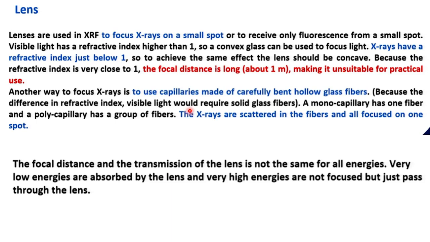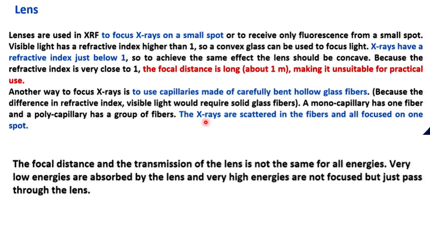But you cannot do that just by using the convex lens. That is possible for visible light because of the higher refractive index in the glass. It is around 1.5, but it is in air. Visible light has refractive index 1. But since X-ray are below 1 or very close to 1, it is difficult to focus just by using the convex lens.